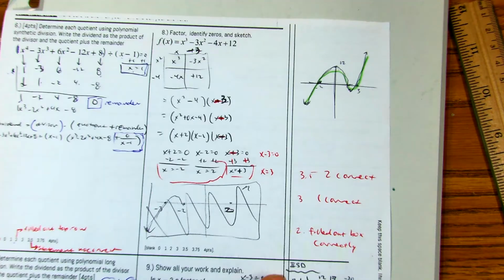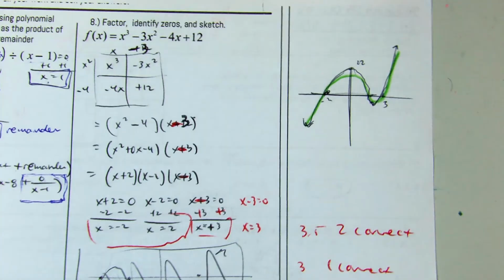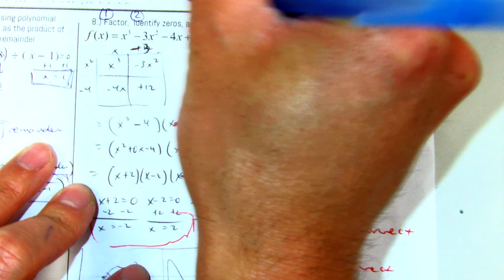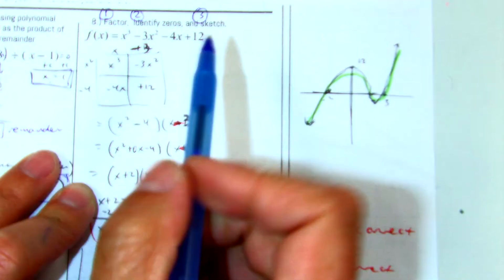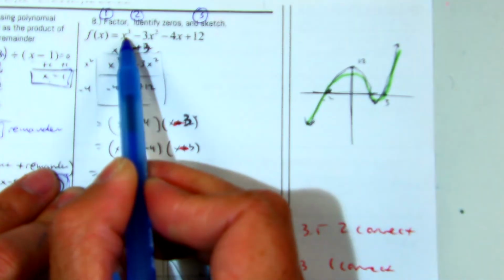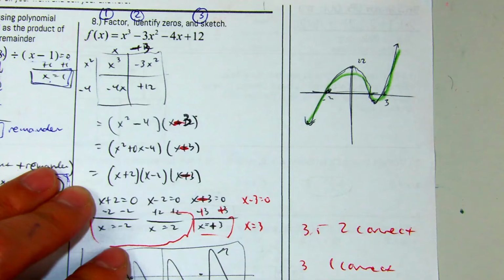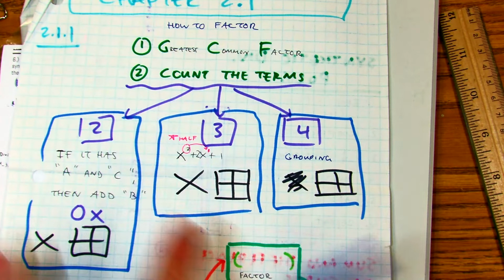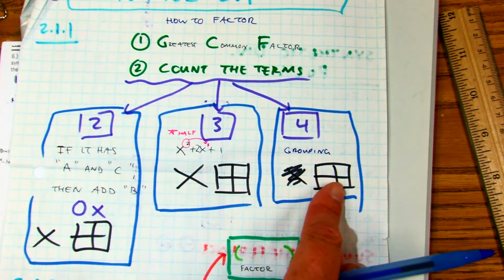Question number 8. There are 3 things you needed to do: factor, identify the zeros, and make a sketch. To factor, it has 4 terms: 1, 2, 3, 4. If I use my factoring flowchart, I'm going to do factoring by grouping, which means put it inside the box.